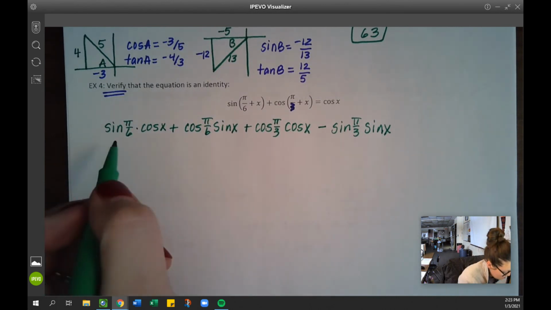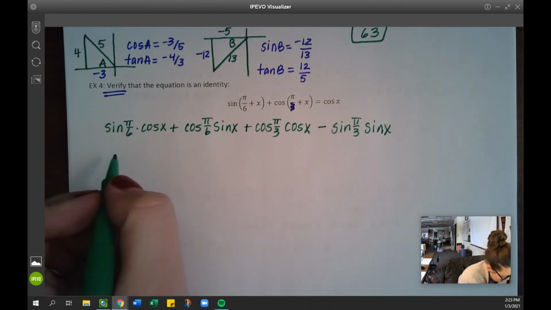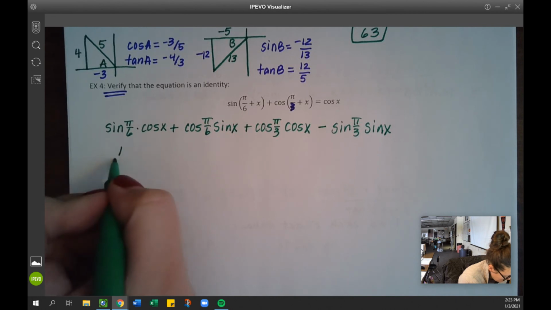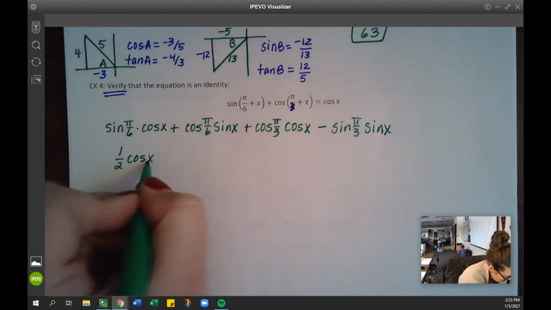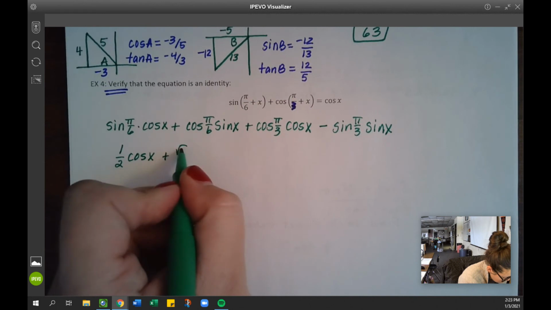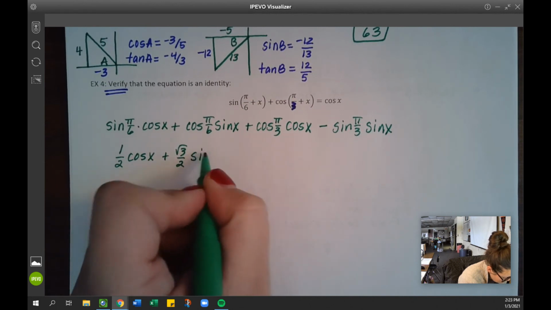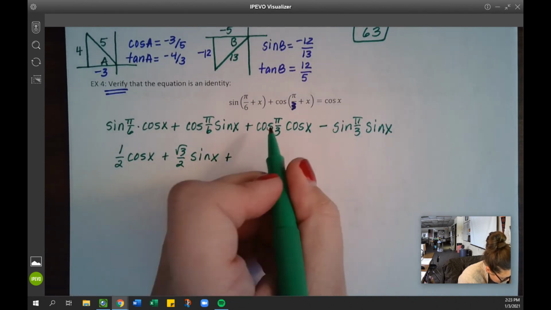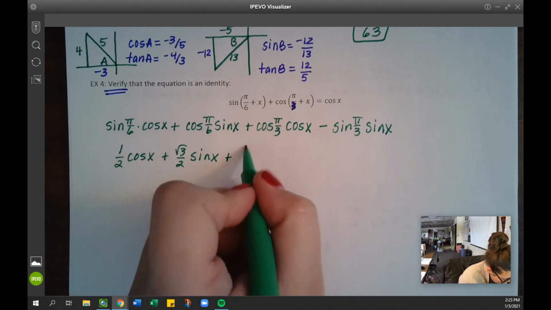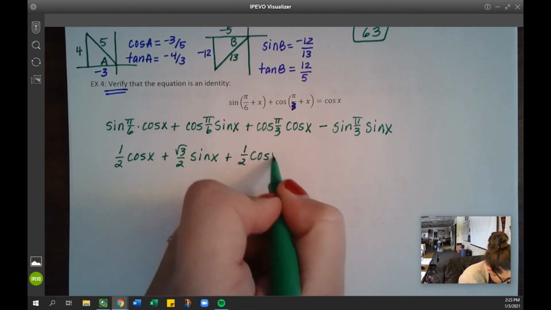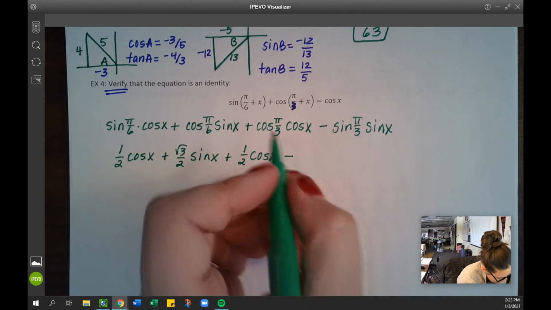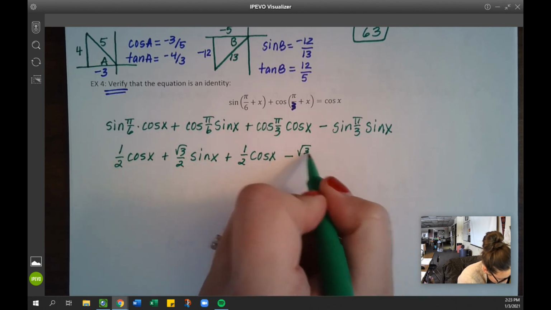All right, now let's fill in what we know here. Sine of pi over 6 is 1/2. Cosine of pi over 6 is square root of 3 over 2. Cosine of pi over 3 is 1/2. Sine of pi over 3 is square root of 3 over 2.